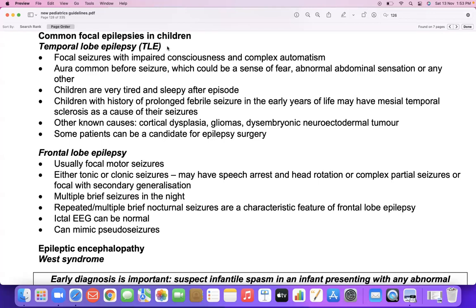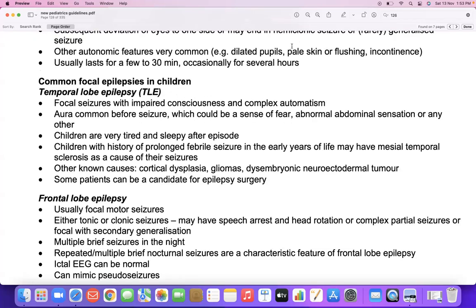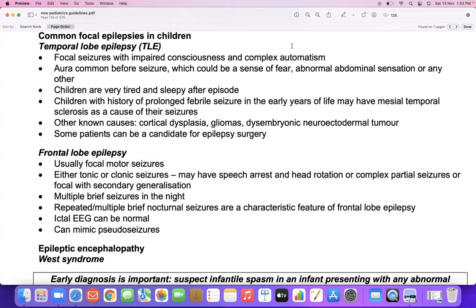So I suggest all of us stick to what has been written in the guideline, the previous classification, as Dr. Noor taught us today. But at least be aware that some examiners, not all, might be away from the update in the classification.